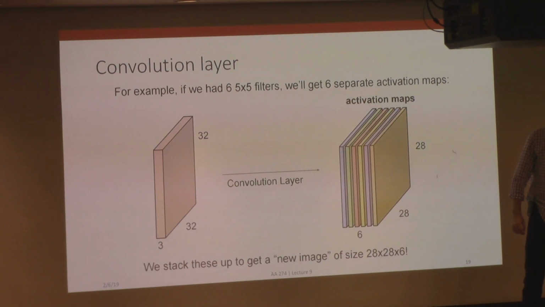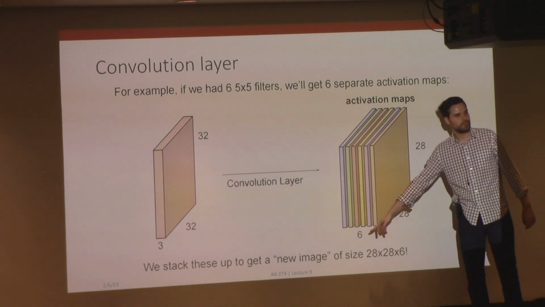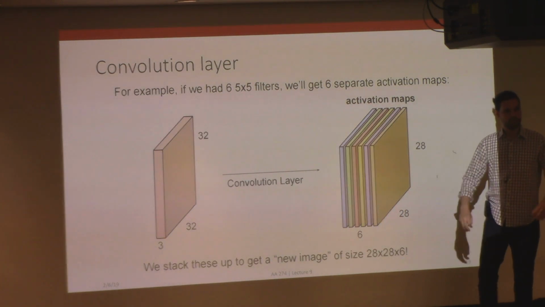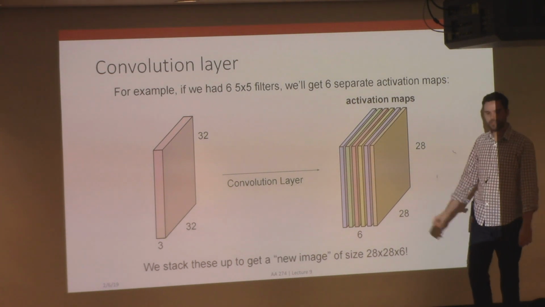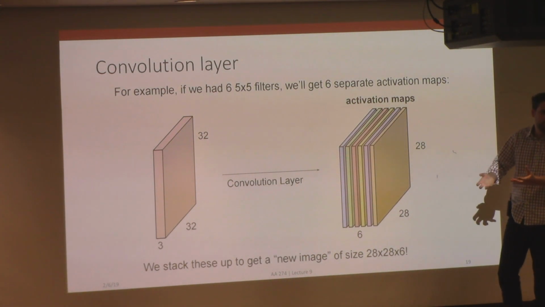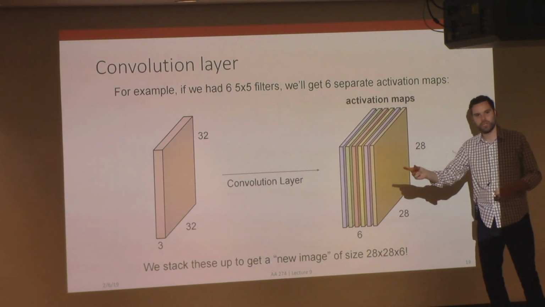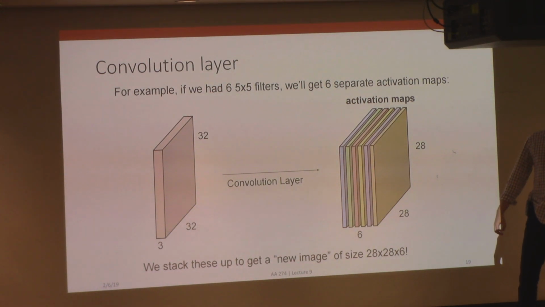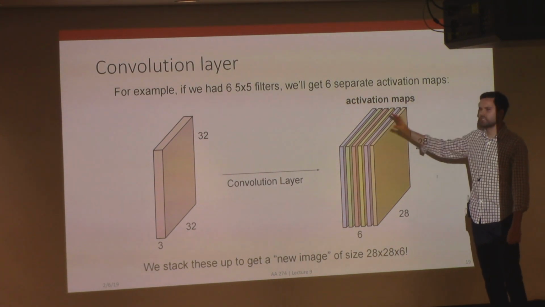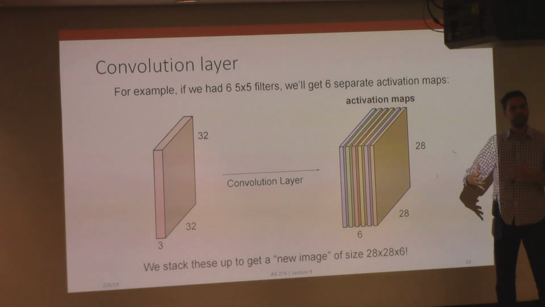You can do this, let's say, 6 times, so 6 different sets of weights, and obtain 6 different activation maps. This is why you would do this. The hope is that one set of weights tells you something about the input image, the other set tells you something else, and if you do this a good amount of times, you get a really good set of values that tell you a lot about what's in the input image.